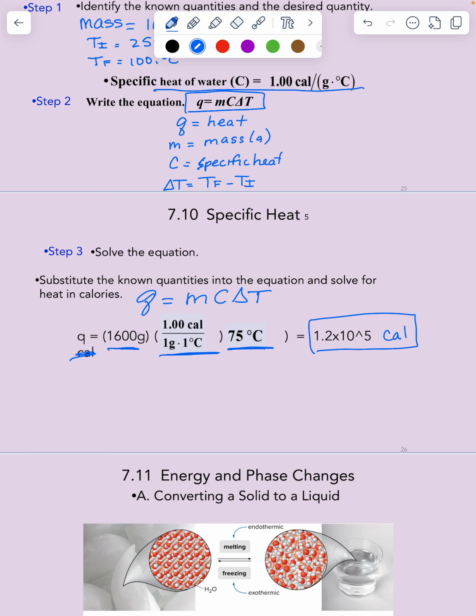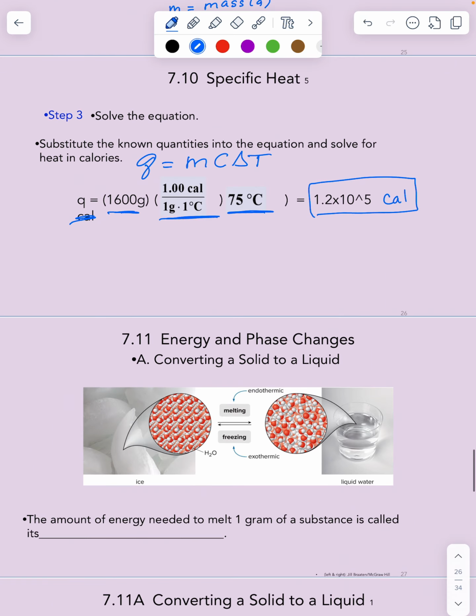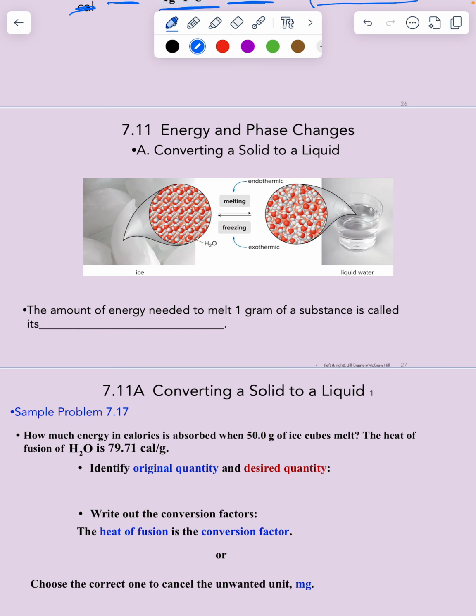The amount of energy needed to melt 1 gram of a substance is called the heat of fusion. We can also solve problems involving heat of fusion. Here's an example. It says, how much energy in calories is absorbed when 50 grams of ice cubes melt?